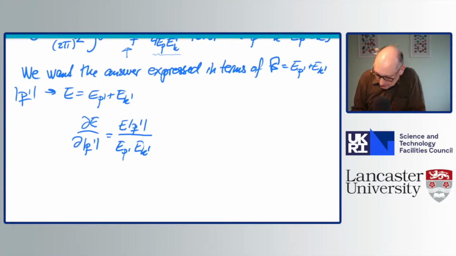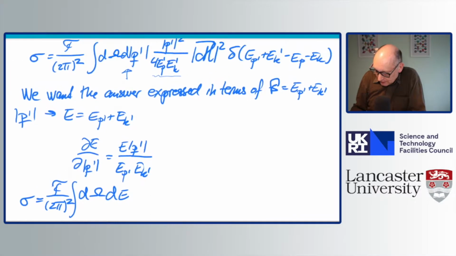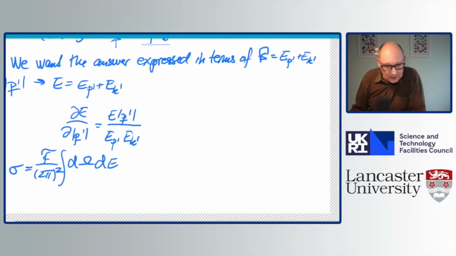And that's convenient because then that Jacobian removes exactly the dependence here on E_P' and E_K', such that the cross section becomes the flux factor divided by 2 pi squared, d sigma dE, and then there should have been a dP dE, which gets rid of the E_P' and E_K'.